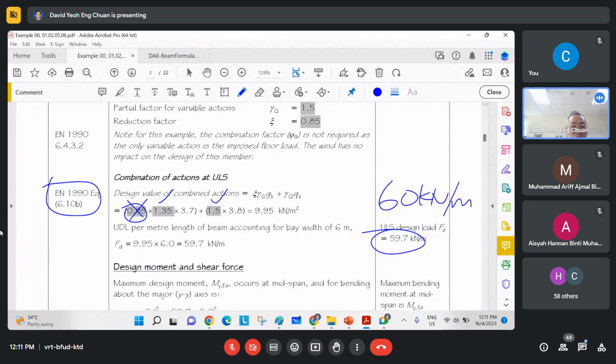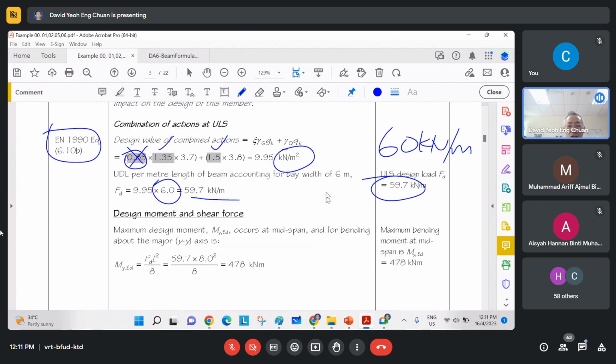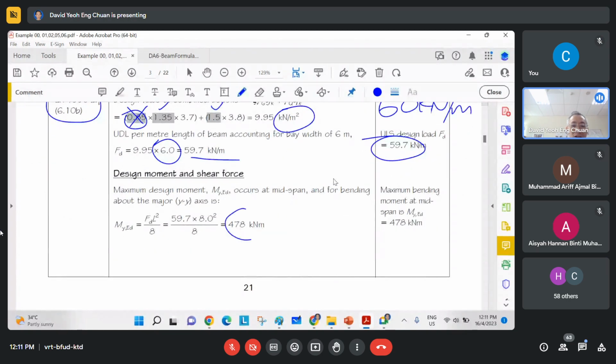You have it in kPa, multiply with the tributary width, and you get it in kilonewton per meter run. This is then the line load. So what you get here is your beam with a line load of 60 kilonewton per meter. That's your design load.